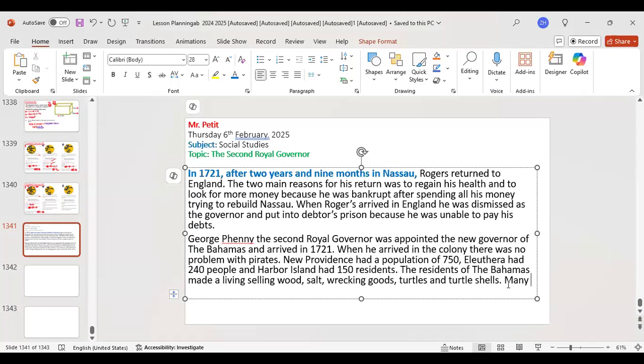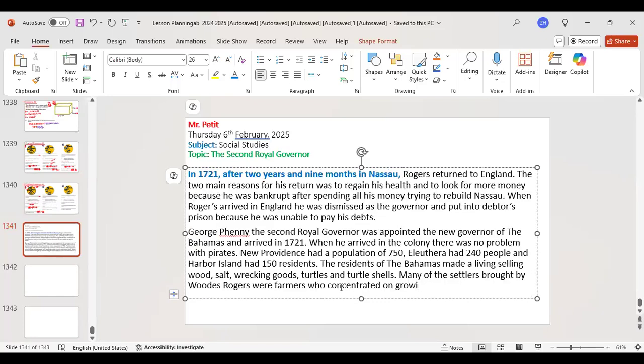So many of the settlers brought by Woodes Rogers were farmers who concentrated on growing fruits.